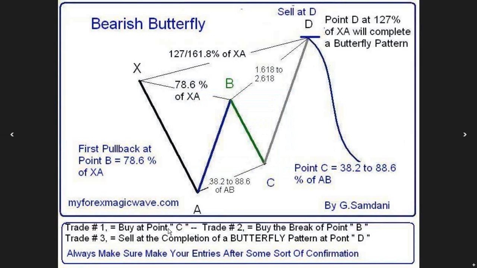Trade number one is buy at point C. Don't wait to get to D and then drop. We may not drop, and you're waiting all this time just to see that it keeps going. What's the point? So buy at point C, if it's holding here, with all the calculations and other studies showing some strong support.